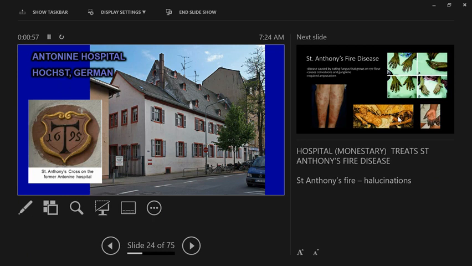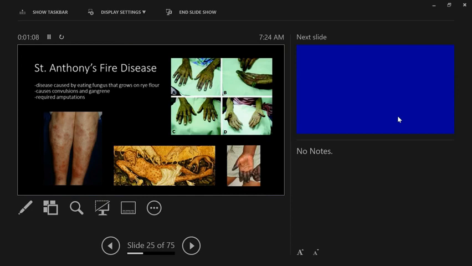All right, so this hospital, this monastery, it treats St. Anthony's fire disease. So, what is St. Anthony's fire disease? It's a disease caused by eating fungus that grows on rye flour. It causes convulsions and gangrene, and oftentimes requires amputations.